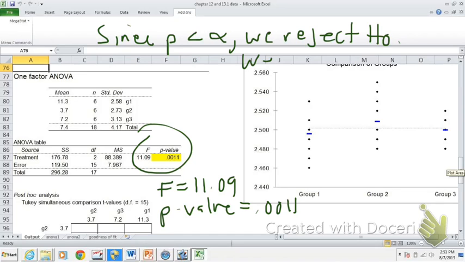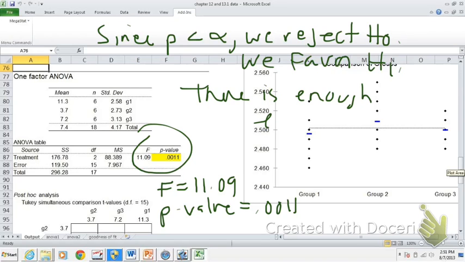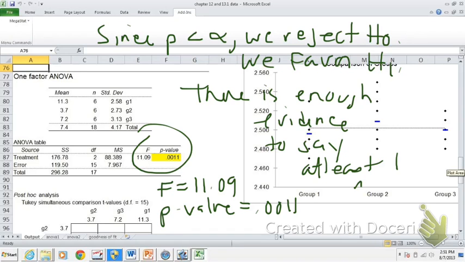We favor H1. So there is enough evidence to say that one mean significantly differs from the other. To say at least one mean, possibly more, differs from the rest.